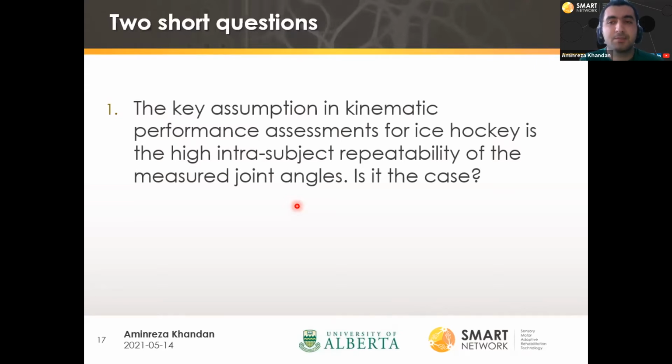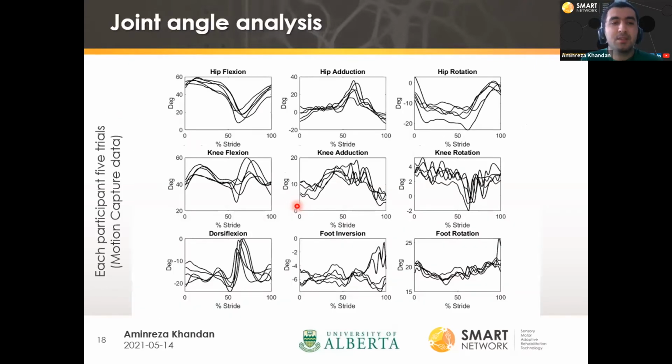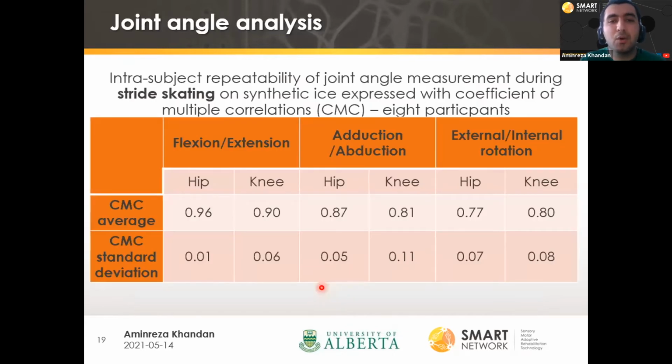We investigated it with 8 participants. Each participant had 5 trials in each session. This is the motion capture data, as you can see here, and you can see different joint angles of the participant during movement, during stride skating. Using CMC, or coefficient of multiple correlation, we investigated the intersubjectivity of joint angle measurement during stride skating in the synthetic ice experiments.